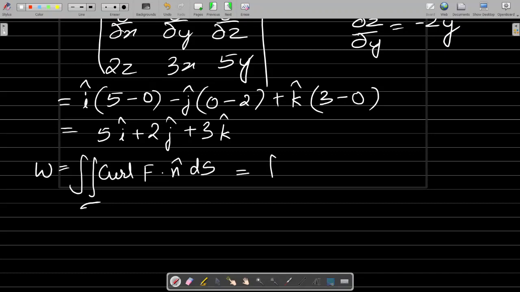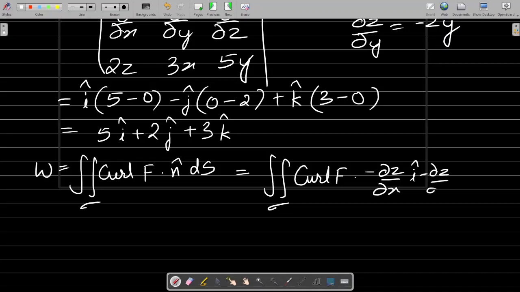Now since your surface is oriented upward, n will be equal to curl f dot minus ∂z/∂x i minus ∂z/∂y j plus k, then you will be having dA.